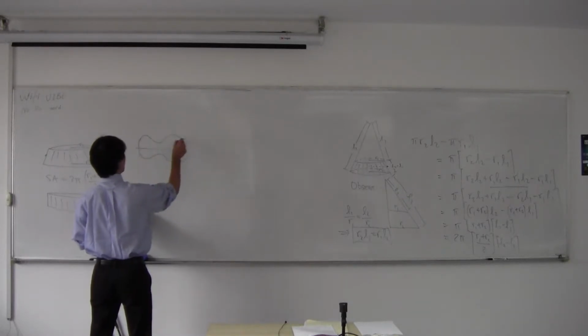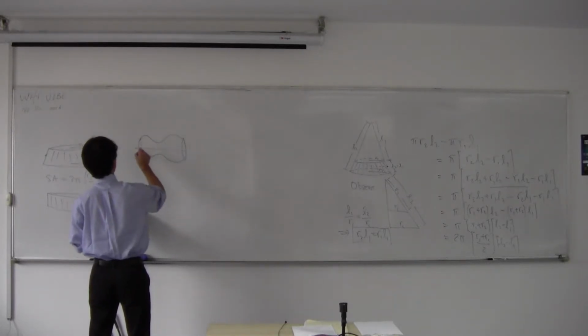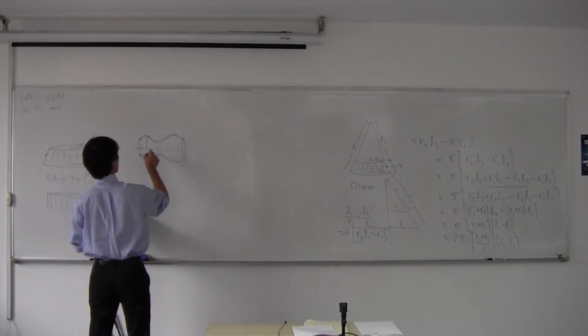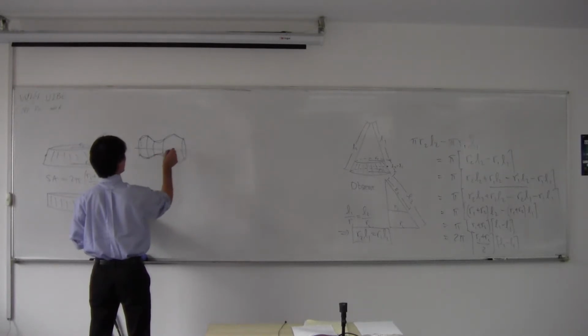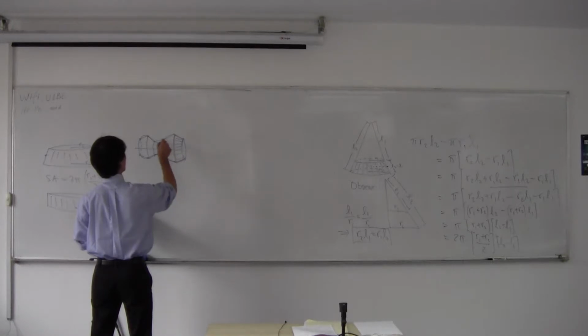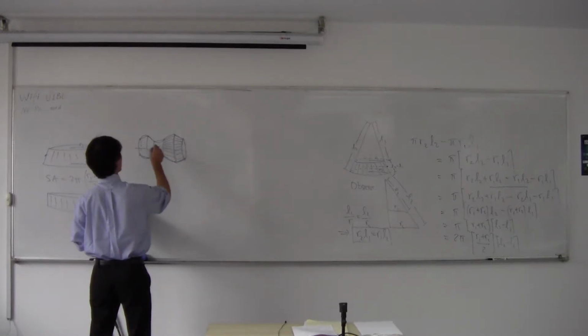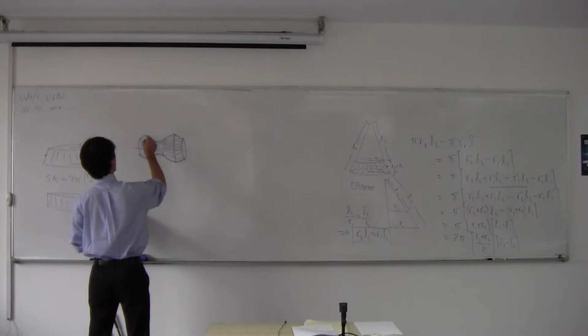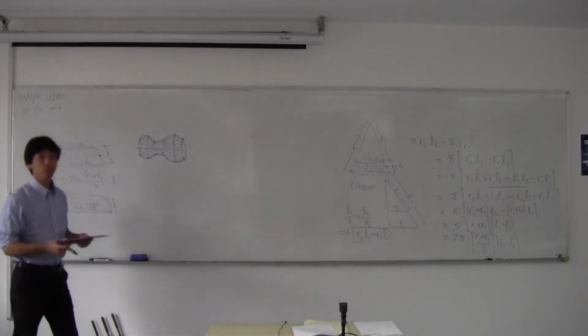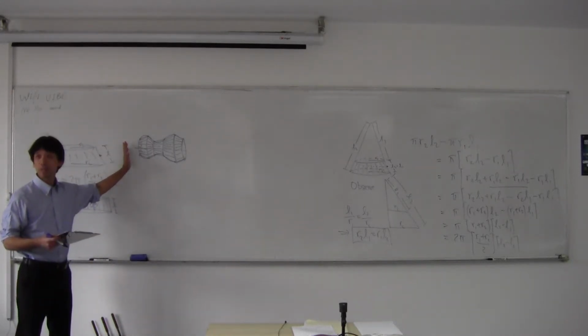You do your approximations, you get the surface areas of these objects, and then you take the limit.